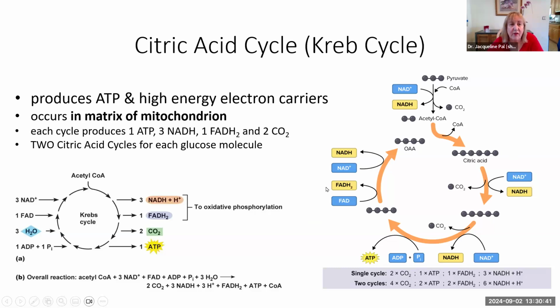So overall, for each glucose molecule, we're going to end up with 2 ATPs and 6 NADHs and 2 FADH2s and 4 carbon dioxides. And yes, did you pay attention to whether we were doing hydrolysis or dehydration synthesis? This is going to take water to do these reactions.